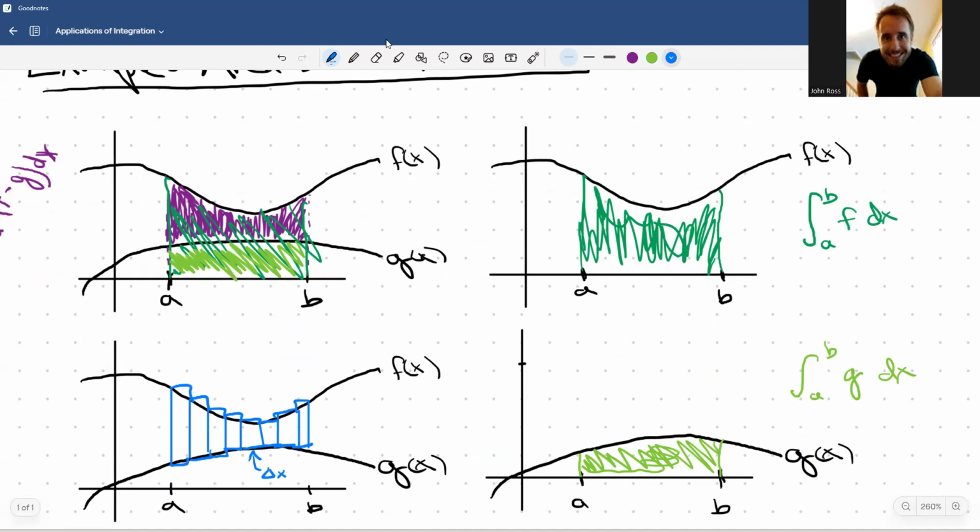And what is the height of each of these rectangles? Let me grab a dark blue here. The height of each of these rectangles is going to be one of these heights, and that height can be interpreted as an f of x value. Let's pretend at this value here, I'm going to name this xi.